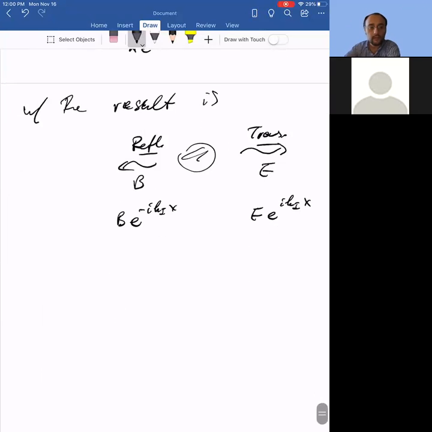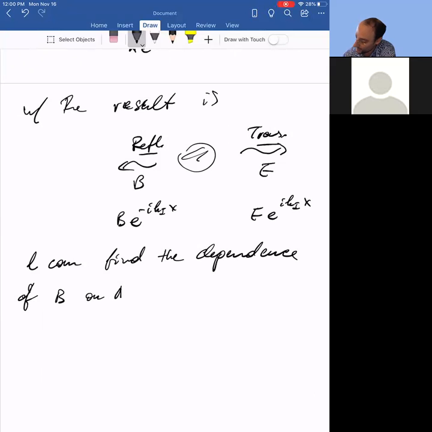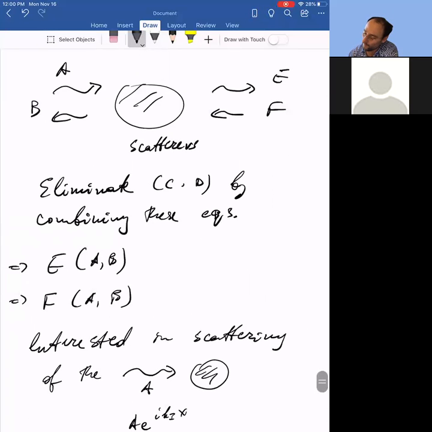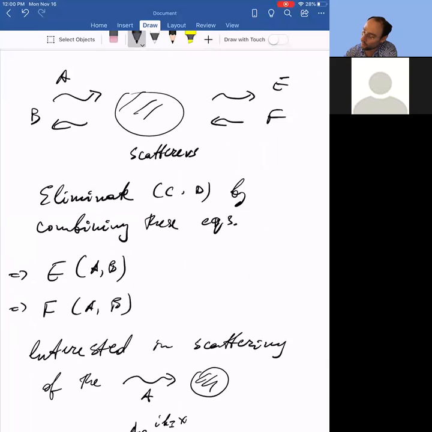And so I can relate. So I can find the dependence of B on A and dependence of E on A. Right, so when I massage these two equations, what I'm trying to relate here is this to this and this to this.